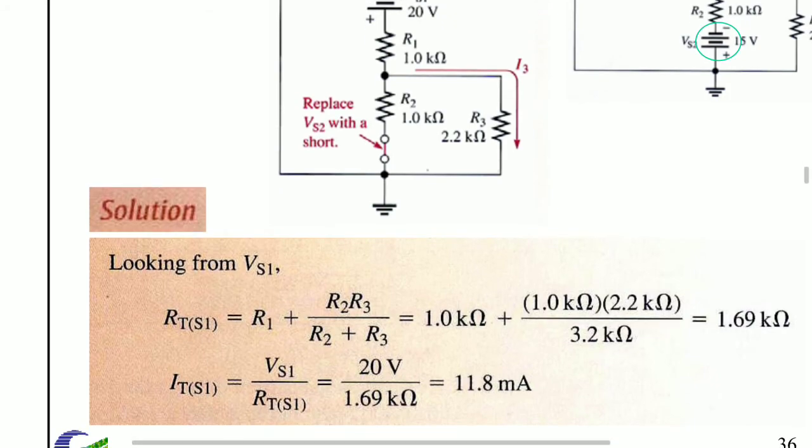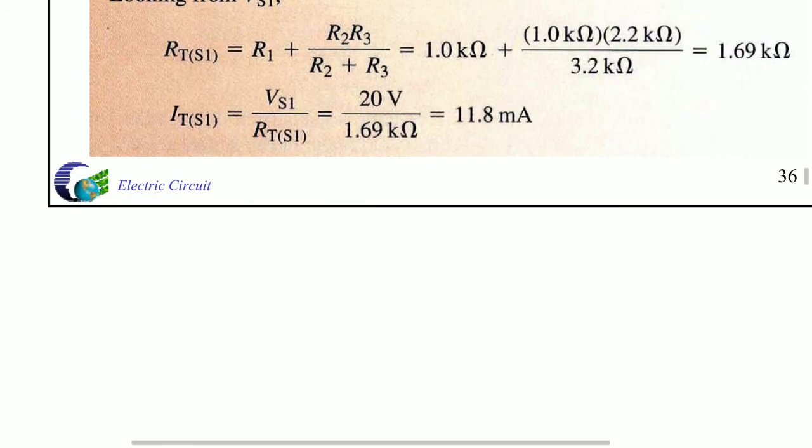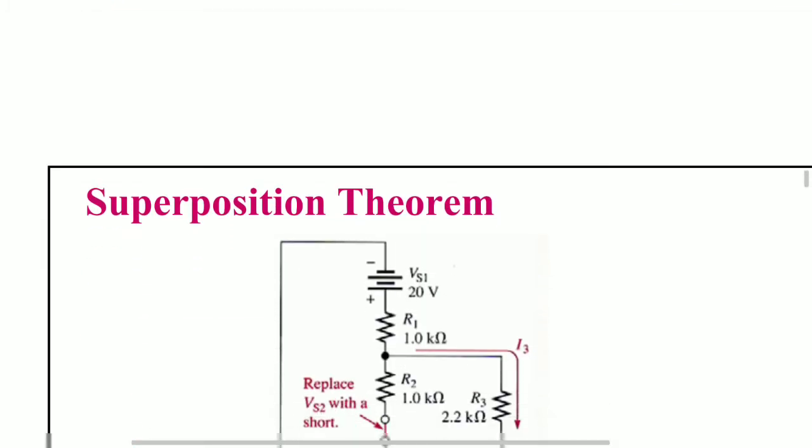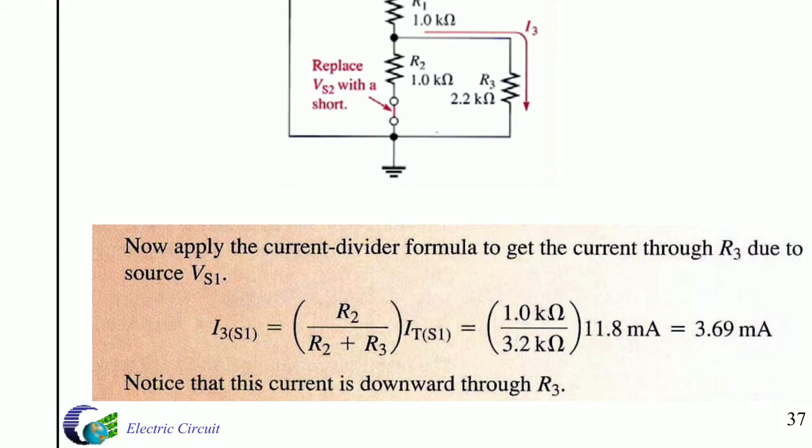Now apply the current divider formula to get the current through R3 due to VS1. So I3 of S1 is R2 by R2 plus R3 times IT of S1, which is 1.0 kilo ohms by 3 kilo ohms times 11.8 milliamps, giving 3.69 milliamps. Notice that this current is downward through R3.